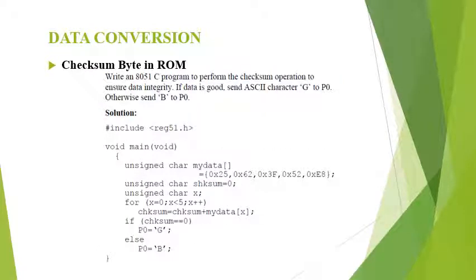Next example: write an 8051 C program to perform the checksum operation to ensure the data integrity. If the data is good, then send the ASCII character G to port 0, otherwise send B to port 0. We have the data 25H, 62H, 3FH, 52H and E8H.